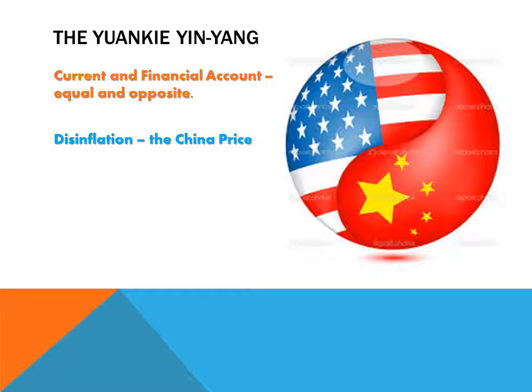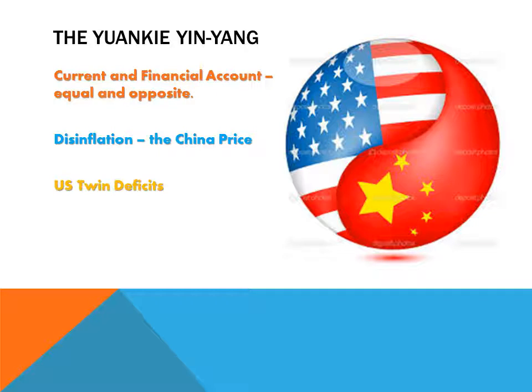This disinflationary effect has allowed America to continue to consume, continue to boom, continue to buy imports without inflation building up, without their economy overheating. So the China price has put disinflation into the world economy over the last 20 years, and that has had the effect of enabling the kind of massive consumption of credit-fueled economies like the USA and the UK.